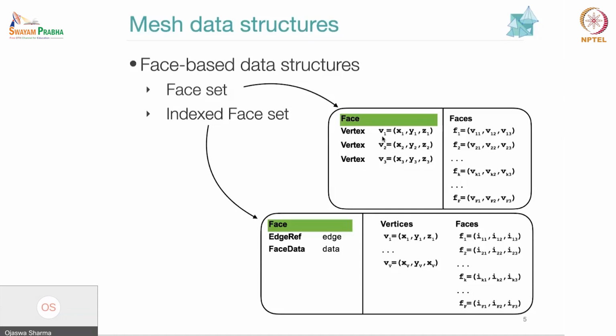Looks like a horrible data structure because the topology is completely lost. There is no graph information here. All I'm storing is a collection of faces separately. And sometimes this is referred to as a triangle soup.